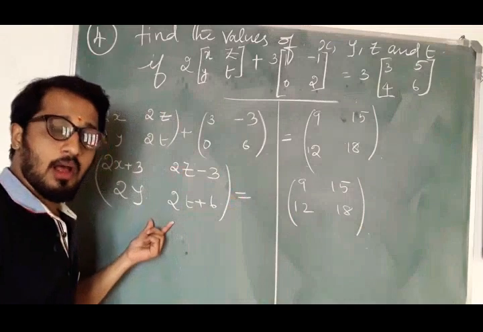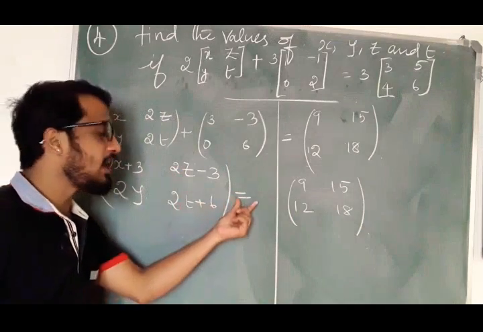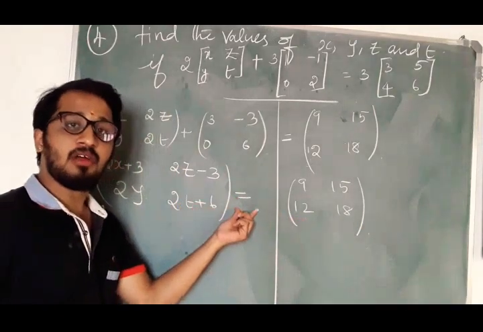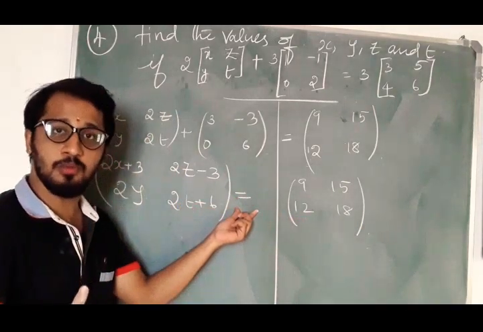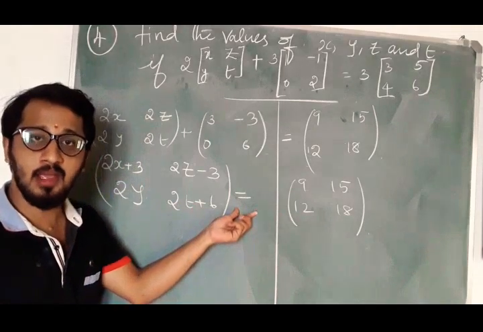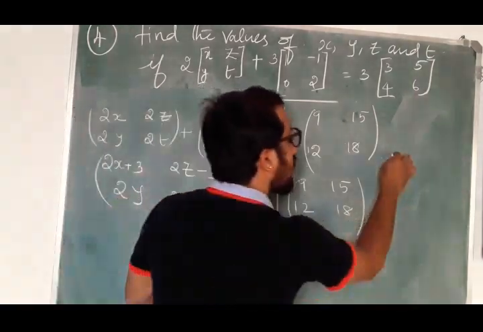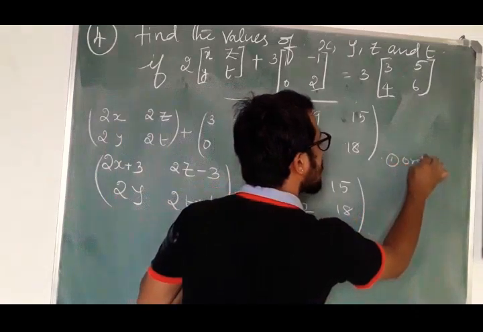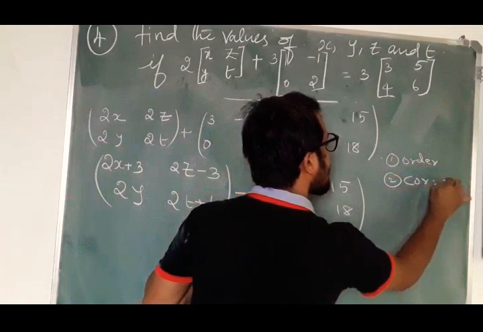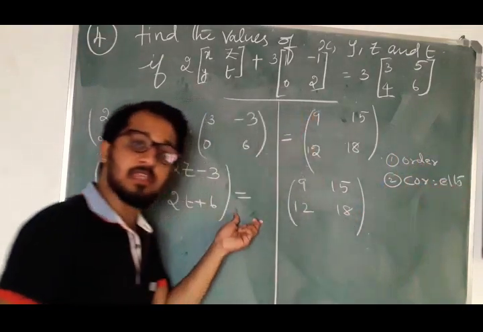Now we have to apply the definition of equal matrices. When will we say that two matrices are equal? First condition is the order should be the same, and second is the corresponding elements should also be the same. Two conditions are there for equal matrices.